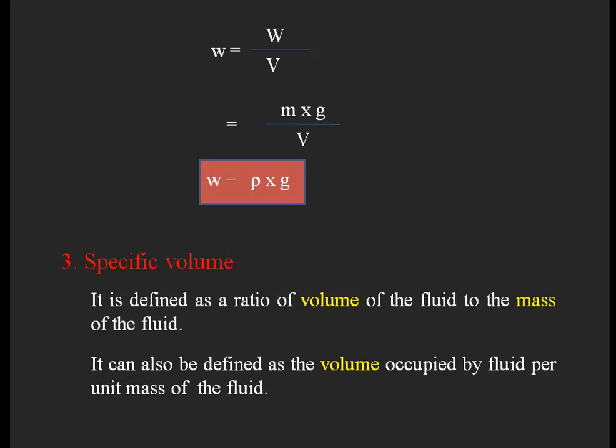If you observe, this definition is opposite to the definition of mass density or weight density. Mass density is the ratio of mass to the volume, but specific volume is volume per mass of the fluid. The symbol used for representing specific volume is small v.